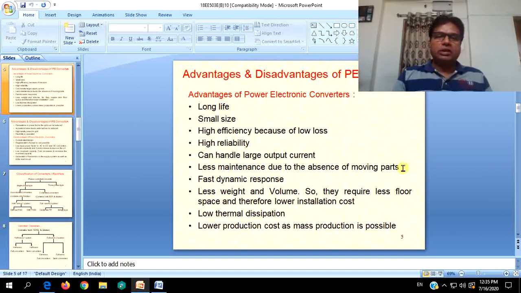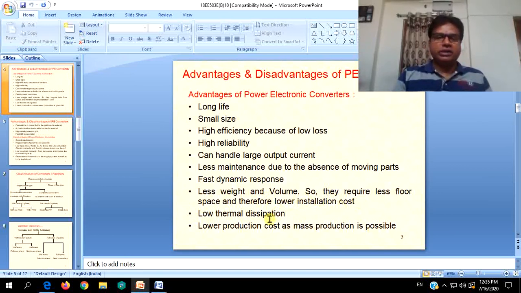That is also something because of which efficiency increases. Fast dynamic response. Once switching on, it will turn on or turn off within milliseconds of time, which is not the case with other equipment.